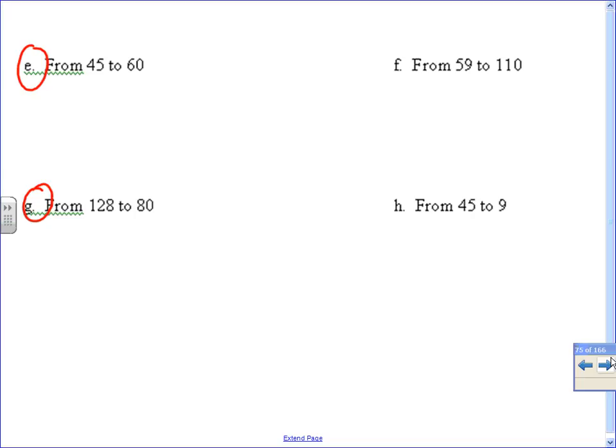Good job. Yep, that's perfect. Okay, about another minute. And again, either write the word increase or decrease or draw your arrow. You guys are so good at this.